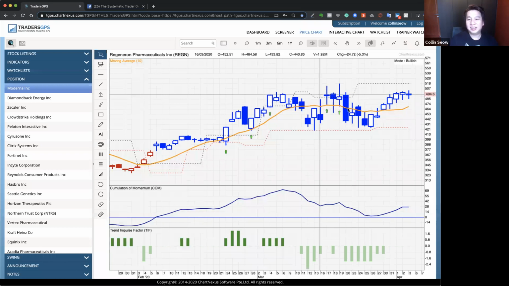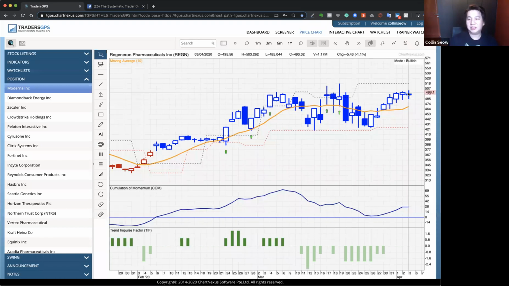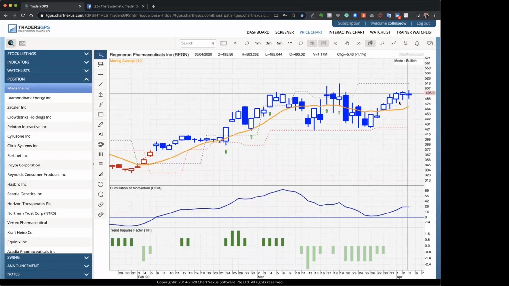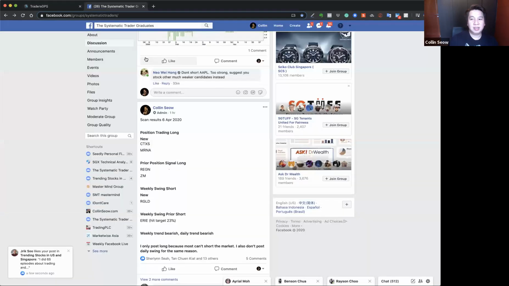The buy signal was here and it remains here. Never broke the trailing stop, never changed color. There's no break of the support line, no candlestick changing color. So this one remains long. You must remember your holding period for a position on the daily chart is 3 months to 6 months. Don't aim for short-term gain.